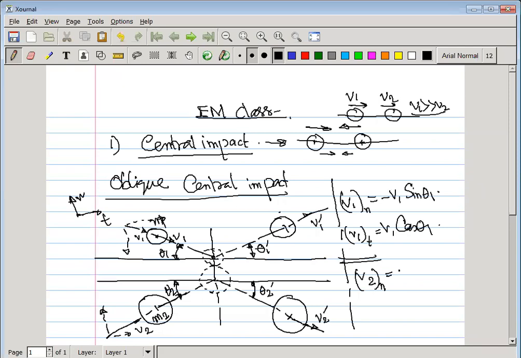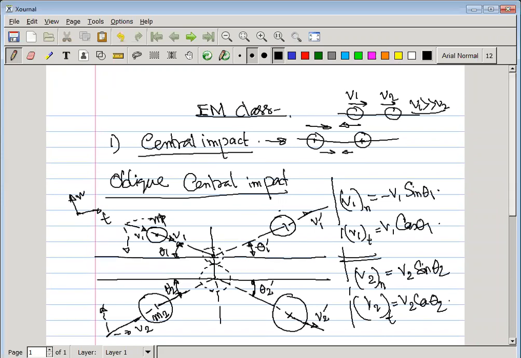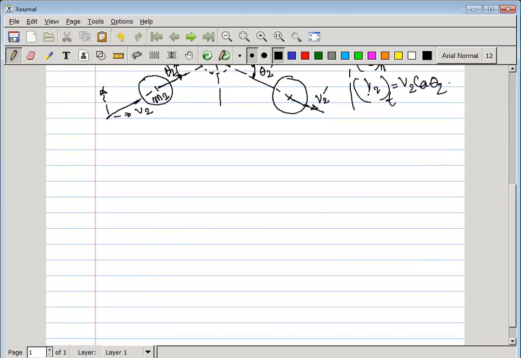So v2 in the normal direction is giving the positive v2 sine theta 2, and v2 tangential is showing you v2 cos theta 2.